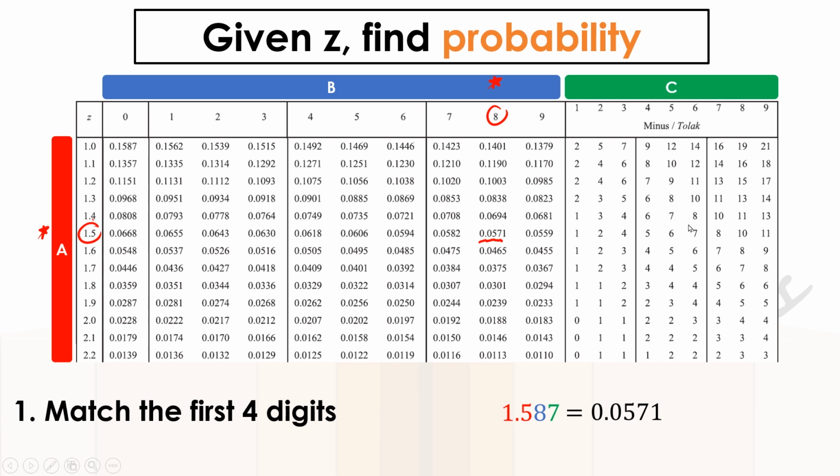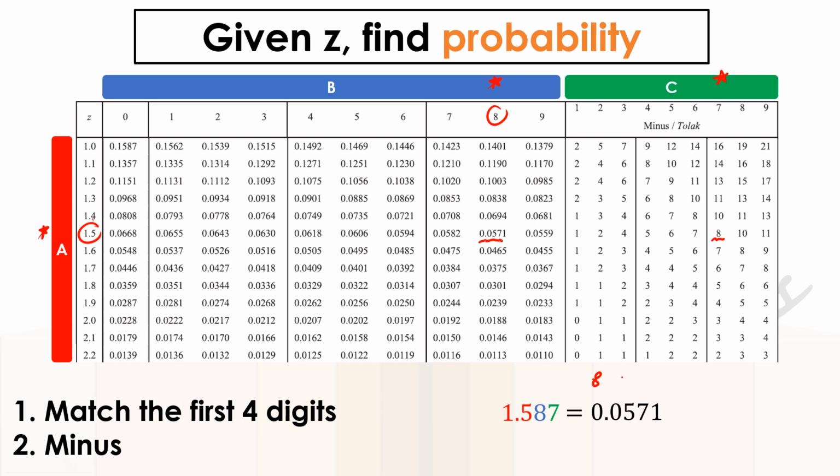Alright, and don't forget the last digit. Okay, so this one we're going to look at section C. So this is 7, so we are going to look at this column, but the same row. So here would be 8. So what does the 8 do here? So this is the second step, which is to minus. So we are going to use the value here and minus with 8. But this 8 is not 8 here.